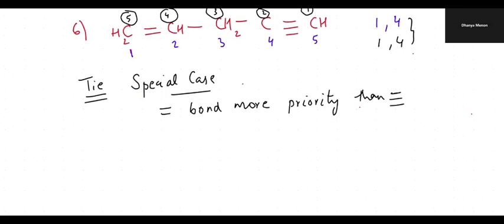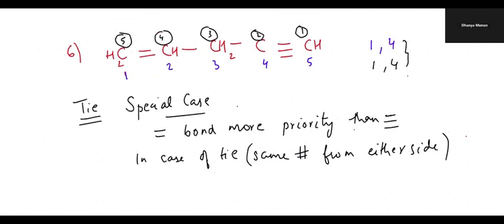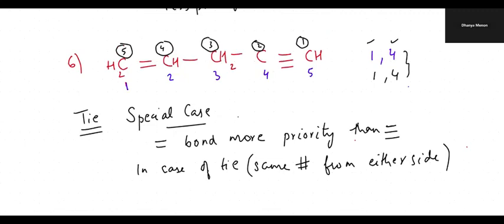In case of a tie, that means the same number from either side. You can see here, the numbers are the same. We cannot use the first point of difference. The numbers are the same from both sides.